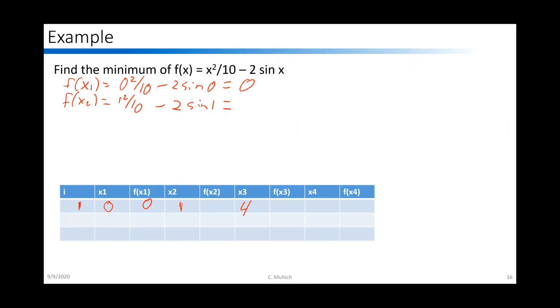This is going to come out to be negative 1.5829. And then finally for x3, we have 4 squared over 10 minus 2 sine of 4, which is 3.1136.